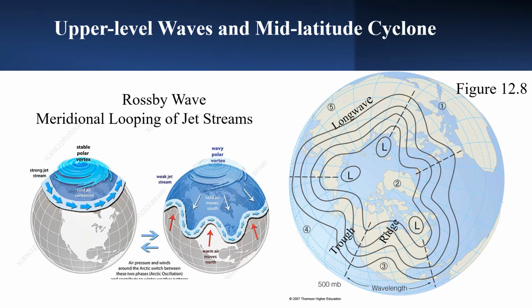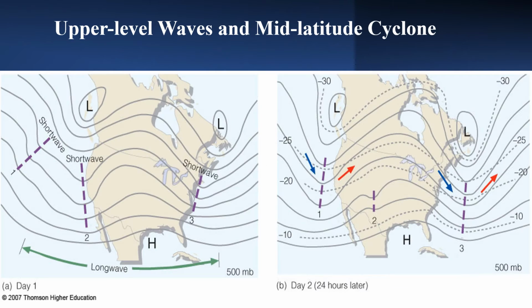That happens sometimes. If you're looking at picture B, the long wave moves eastward very slowly and the short wave moves fairly quickly around the long wave. You will notice that the short wave tends to deepen, that is, increase in size, when it approaches a long wave trough, and it weakens, becoming smaller, when it approaches a ridge.